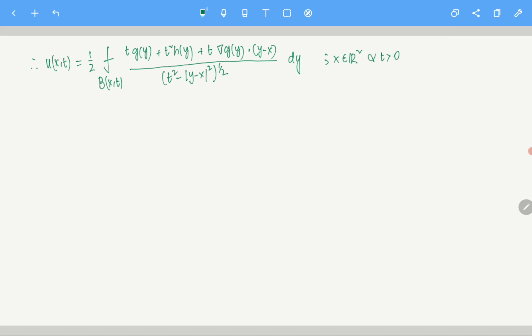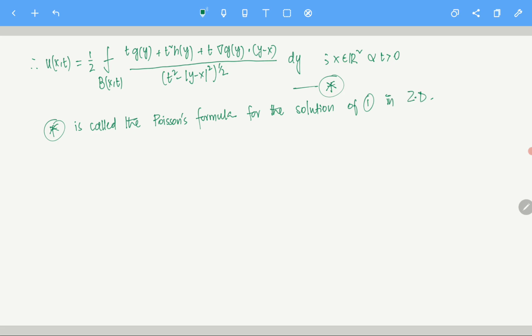Let's call this formula star. Star is called the Poisson formula for the solution of the wave equation in two dimensions.